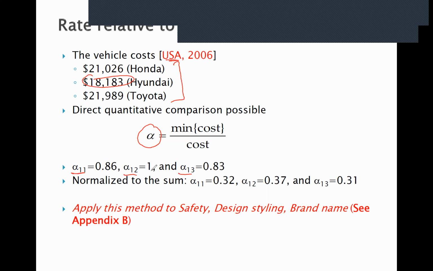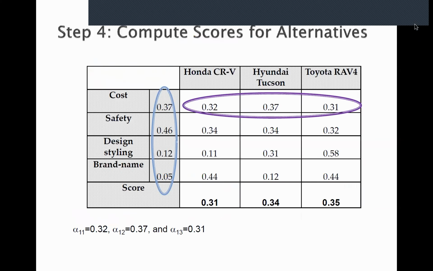We can normalize this to the sum, so the alpha coefficients become like this. Now we have to apply this for safety, design styling, and brand name. The same procedure. So we'll get alpha values for safety, design style, and brand name in order to proceed to AHP.